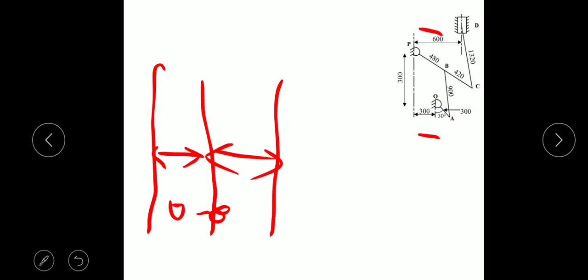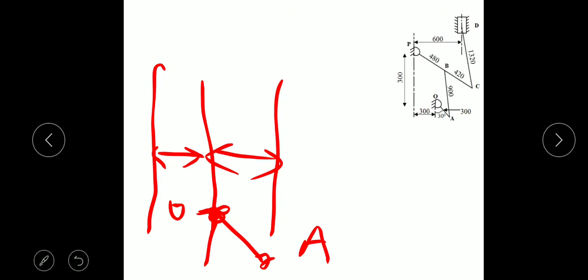So between all center lines the distance will be 300 each, and here I have marked O. By taking an angle of 30 degrees, you can see here 30 degrees, I get point A, and the distance will be OA equal to 300.